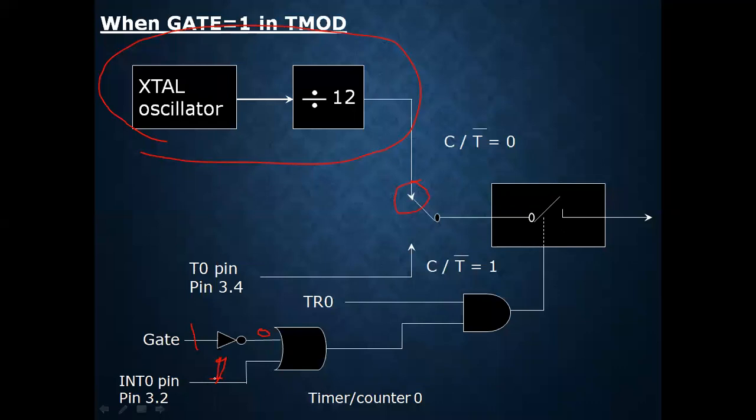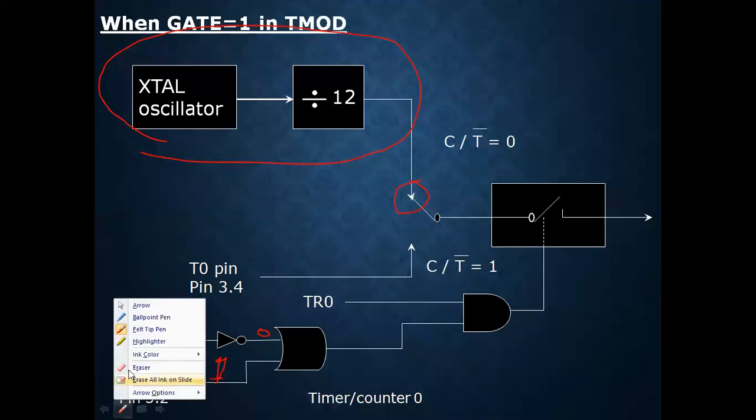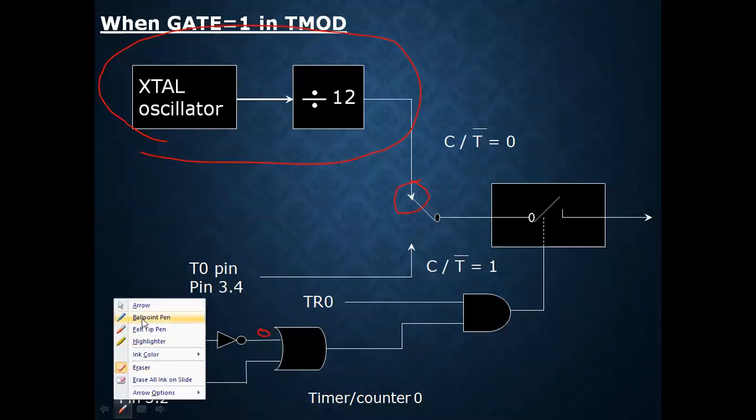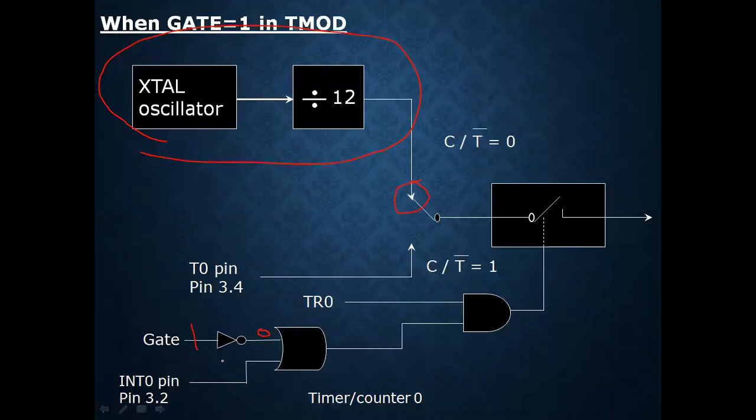Sorry, there is some overwriting here. Just a minute. So this will be 1. As this is the OR gate, if any input is 1, then output will be 1. So this will be 1.